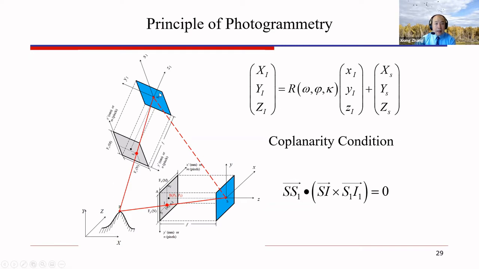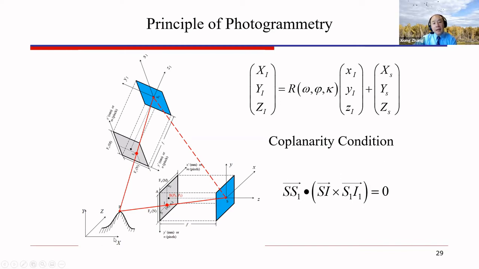And if you connect the centers of the two camera positions, you have a triangle, right? So, from linear algebra, you can set up an equation to say that if these three lines are on the same plane, they have to satisfy this equation, right? So this is how you get your first equation.